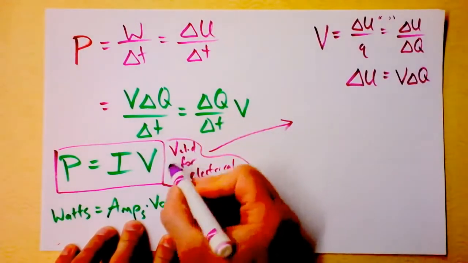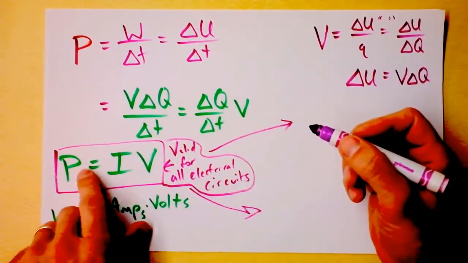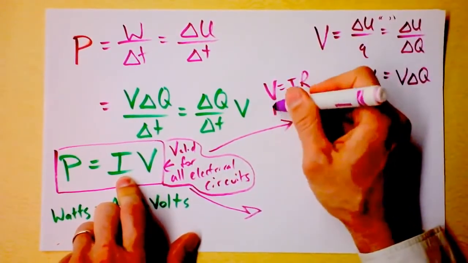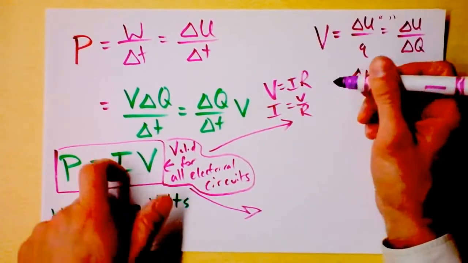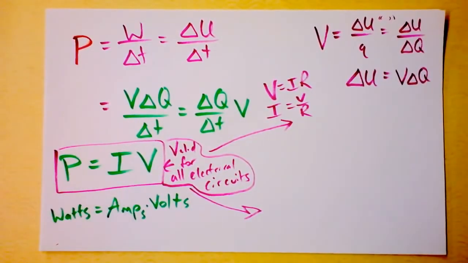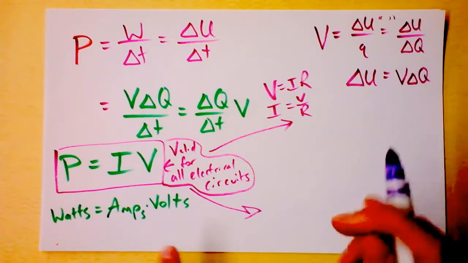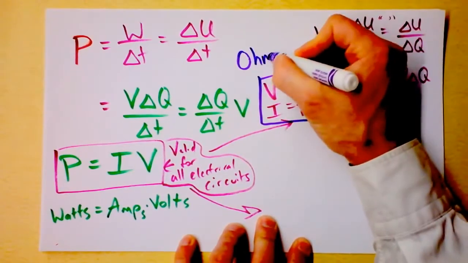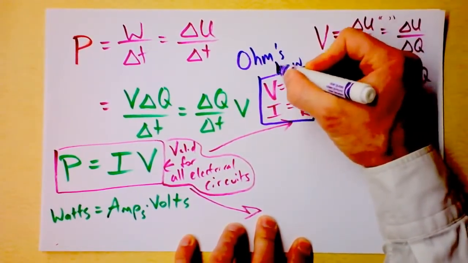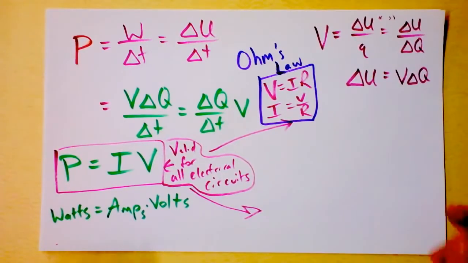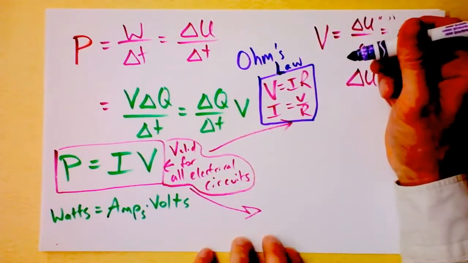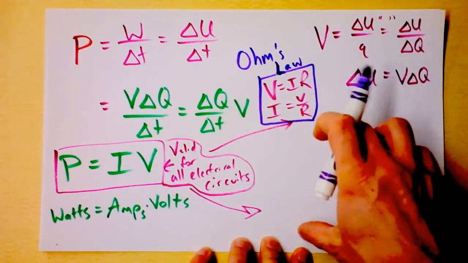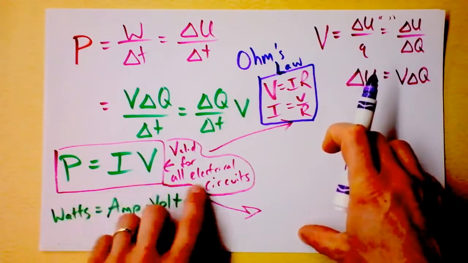This is valid for all electrical circuits, but I'm going to use V is IR in one direction, and I is V over R in the other direction, and get a couple of different equations which will not be valid all the time. In fact, they'll only be valid in an ohmic material. And what defines an ohmic material? Yeah, it obeys Ohm's law. So only in the case of a simple resistor will we be able to use these two equations that I'm deriving right now.